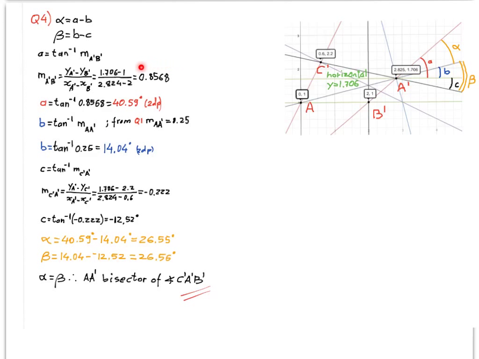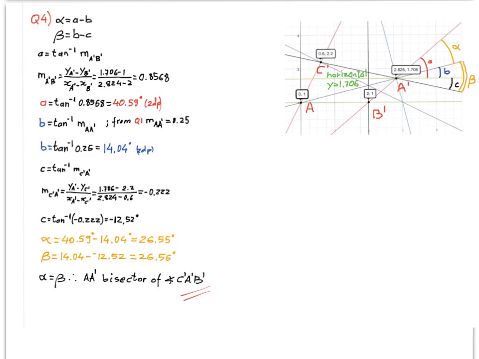But we already know the value of the rise over run, the gradient. So A is equal to tan to the minus 1 of 0.8568, and that gives us a result of 40.59 degrees to 2 decimal places.